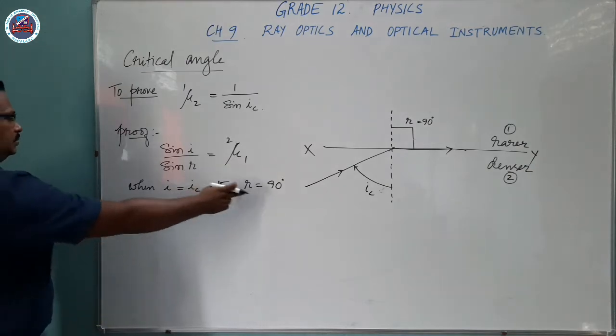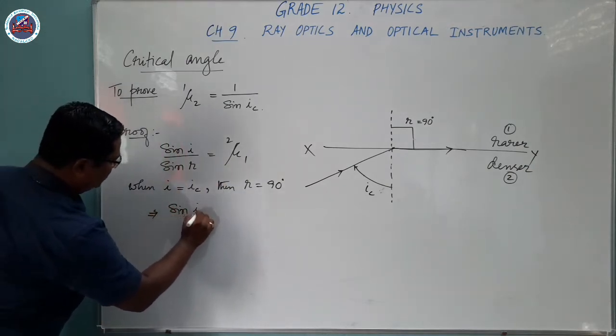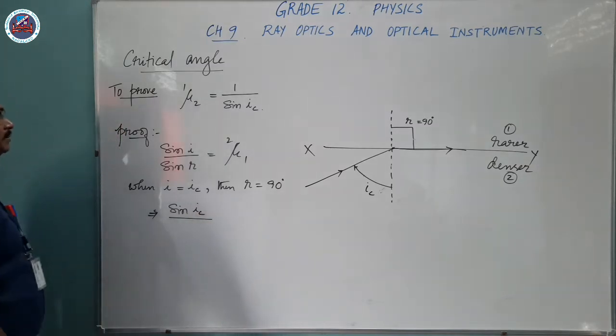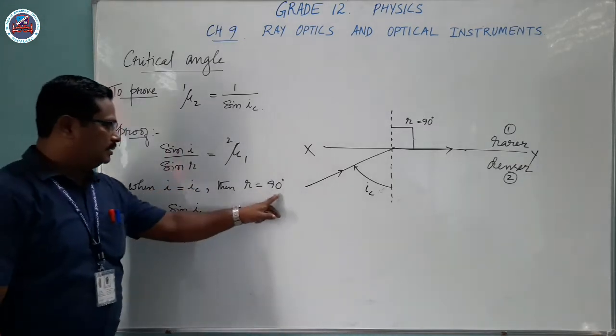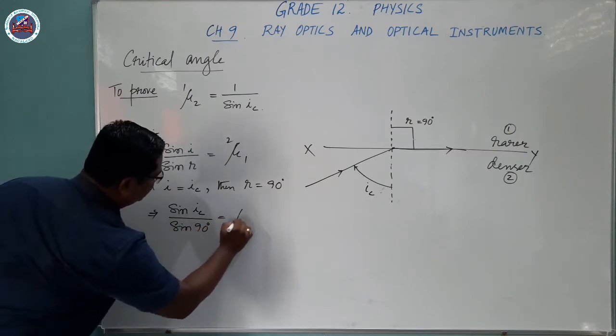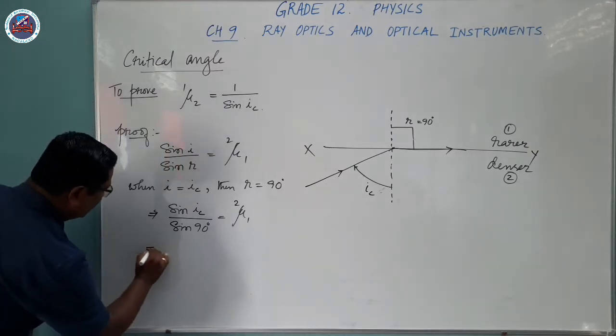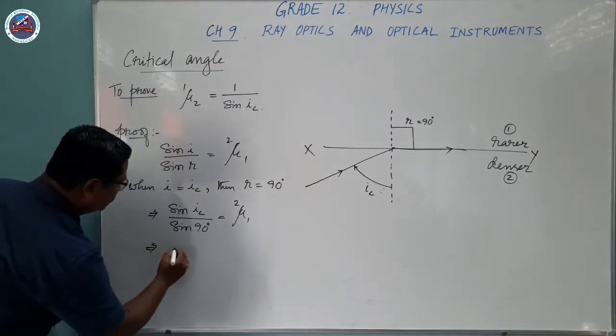So if you put these two values here, sin I will be sin IC, and sin R is sin 90 degree, equal to refractive index of first medium with respect to second. And sin 90, you all know, is equal to 1.